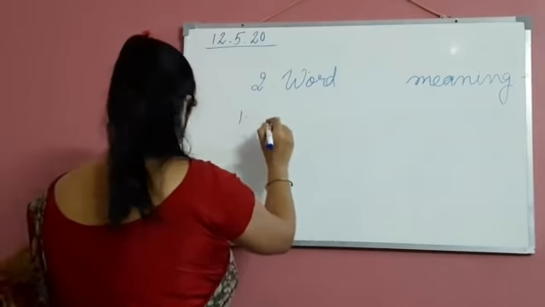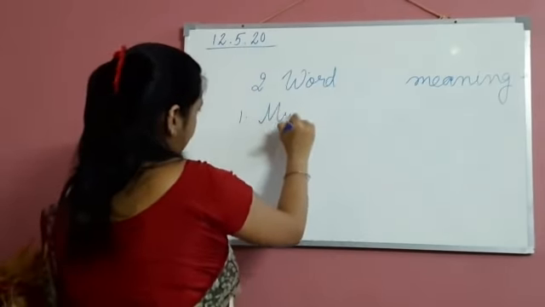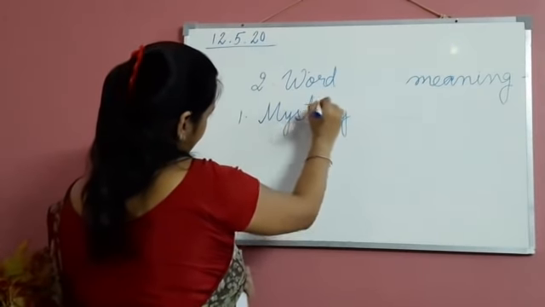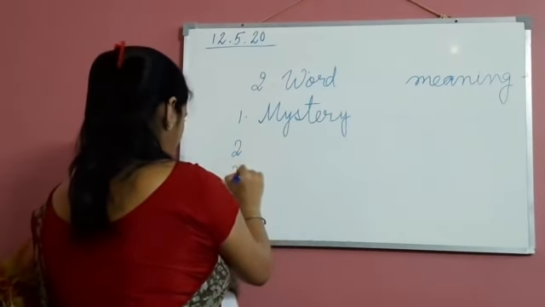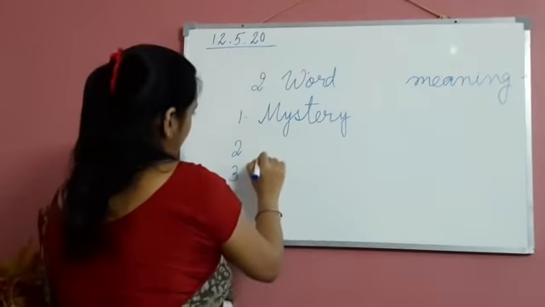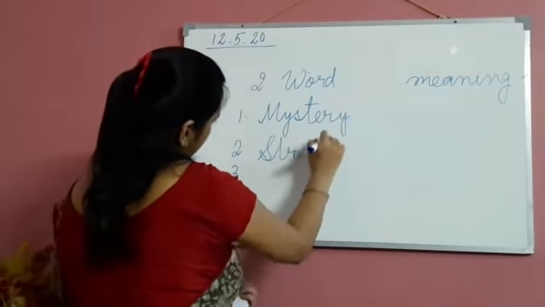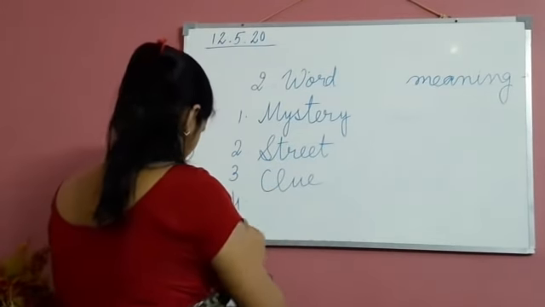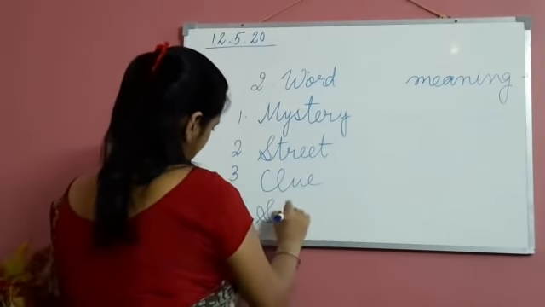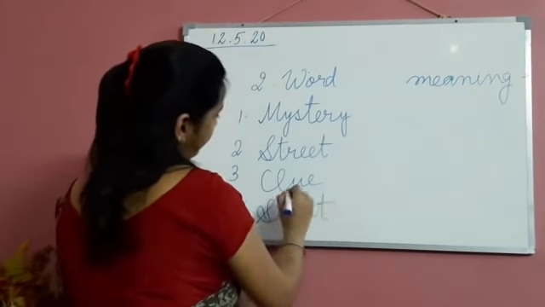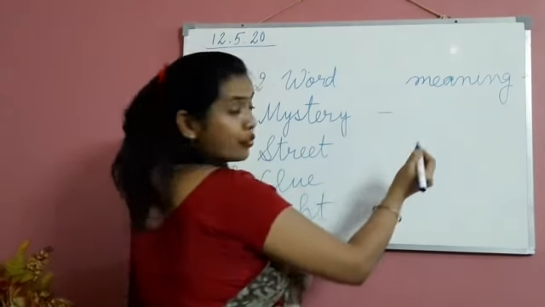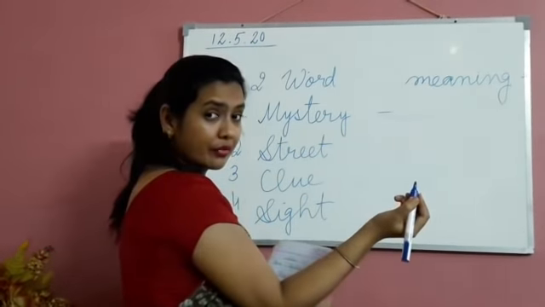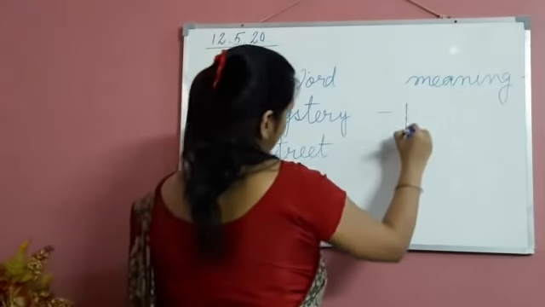Number 1, mystery. Number 2, street. Number 3, clue. Number 4, sight. Mystery. Meaning of the mystery is what? What is the meaning of a mystery in English?